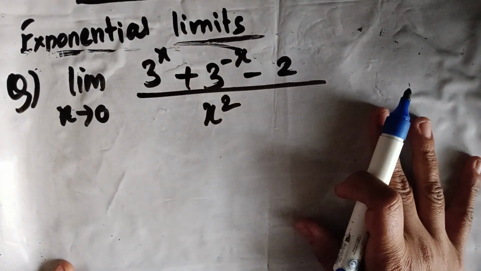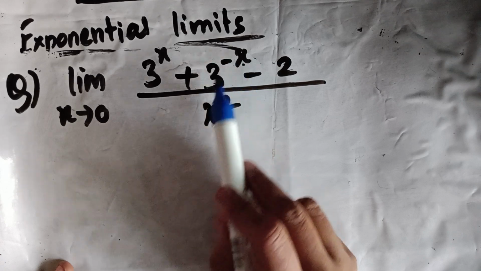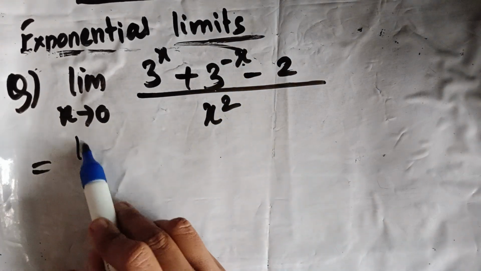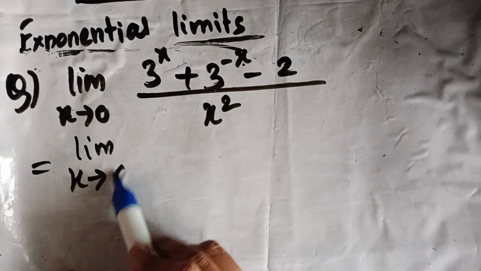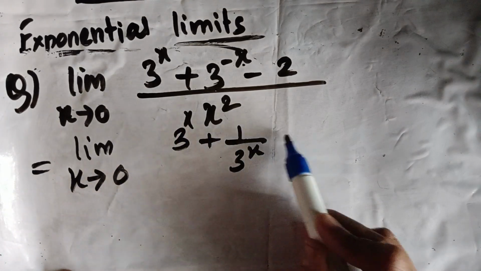So we have to evaluate this. Here 3 raised to minus x is given, so we have to remove this. How to remove it? We can write it in the denominator as 1 upon 3 raised to x.